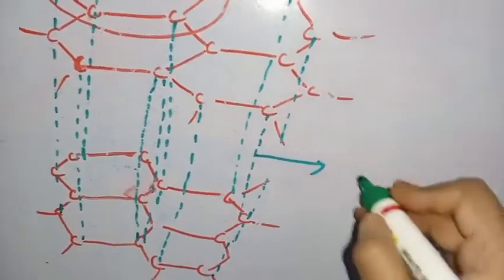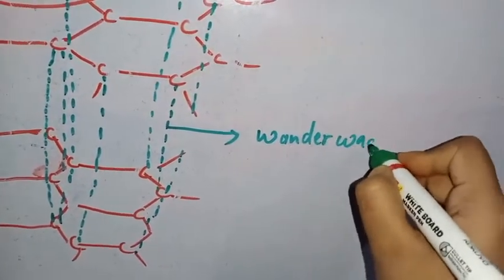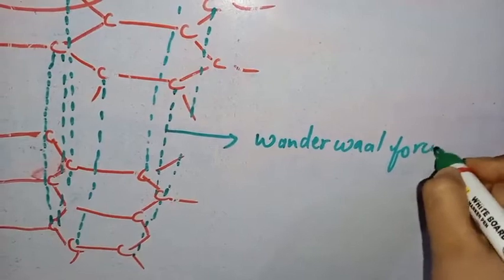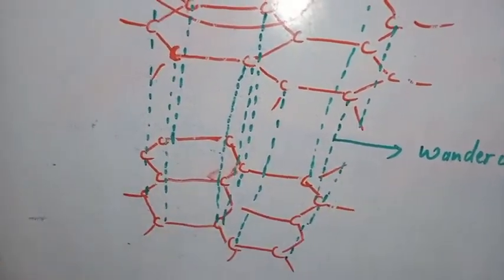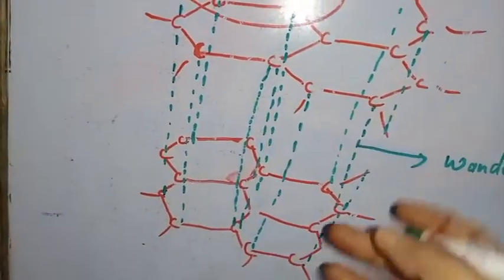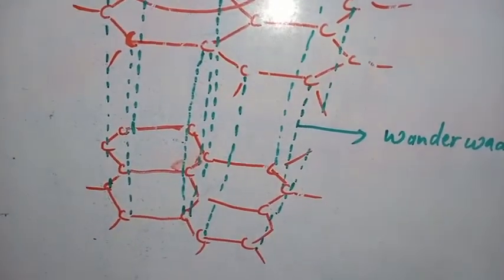These weak forces are called as van der Waals forces. So layer by layer you can see you have many layers of hexagonal array, and they are attached with a very weak force, that is van der Waals force, which slides over each other.